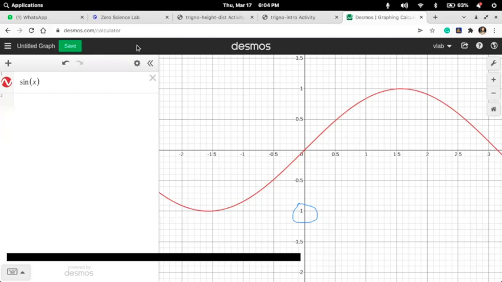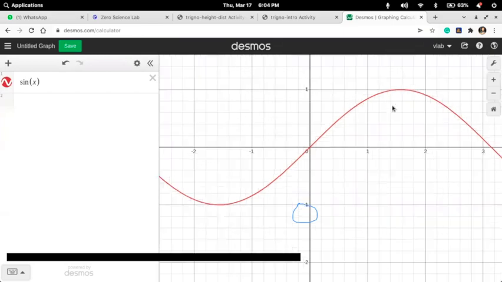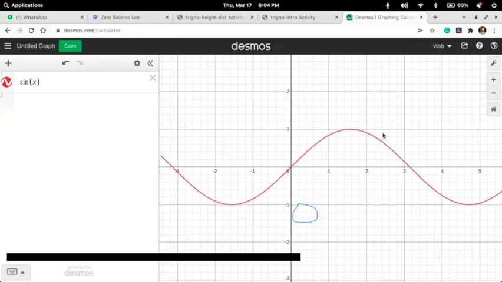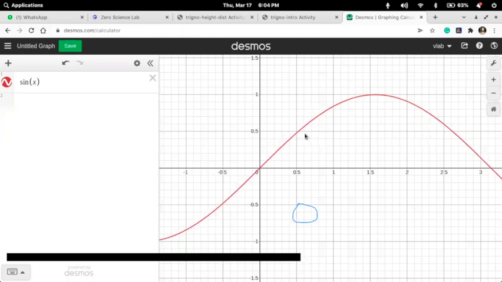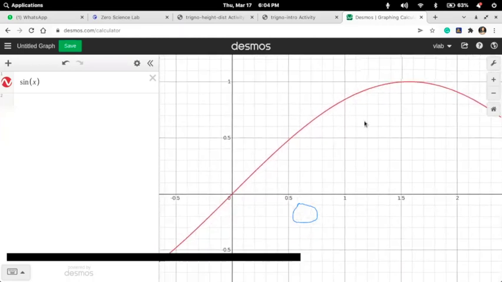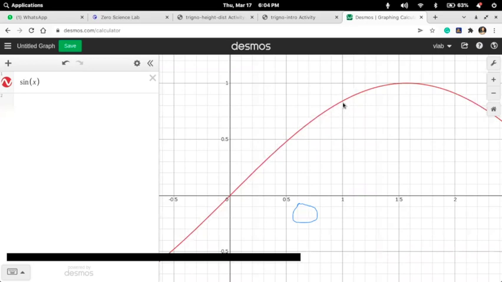So this is the simplest graph you can remember, and then you can say, okay, when it will be 0.5, when it will be 1, right?